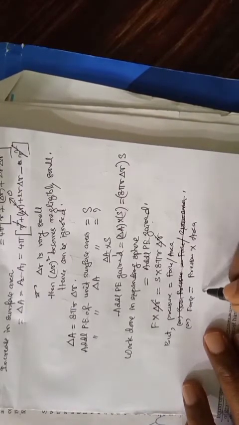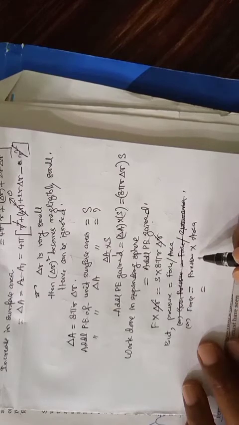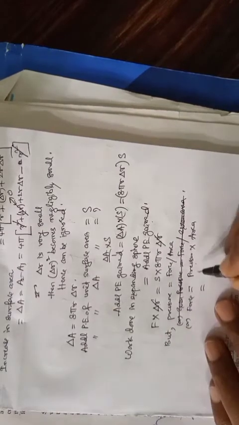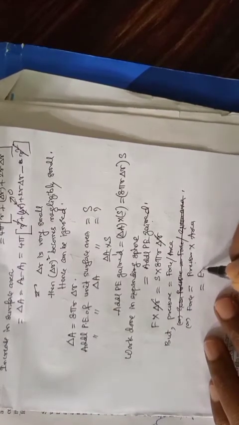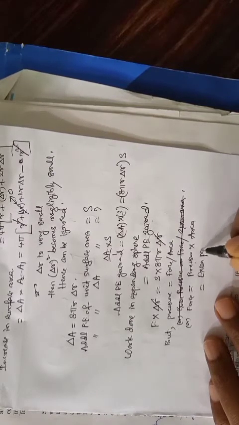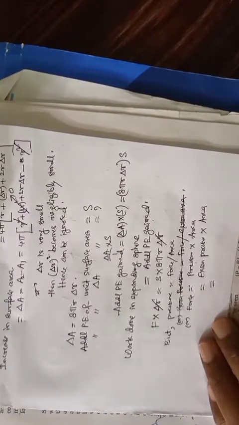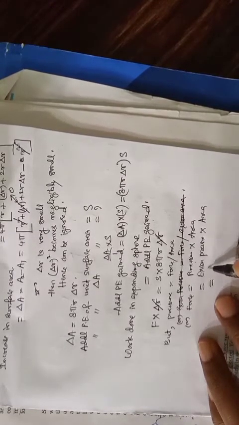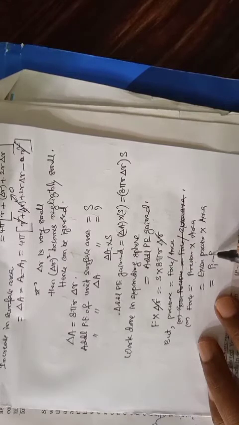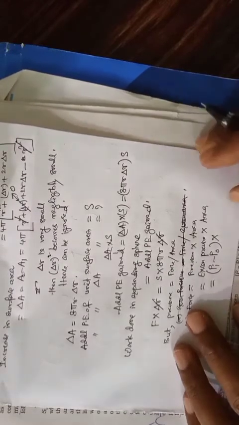Here we are considering excess pressure. Excess pressure means Pi minus Po, into area. See, this is the initial area, 4 pi r square.